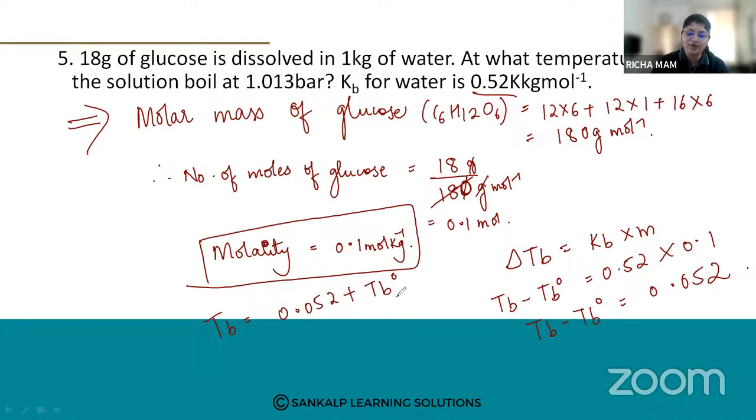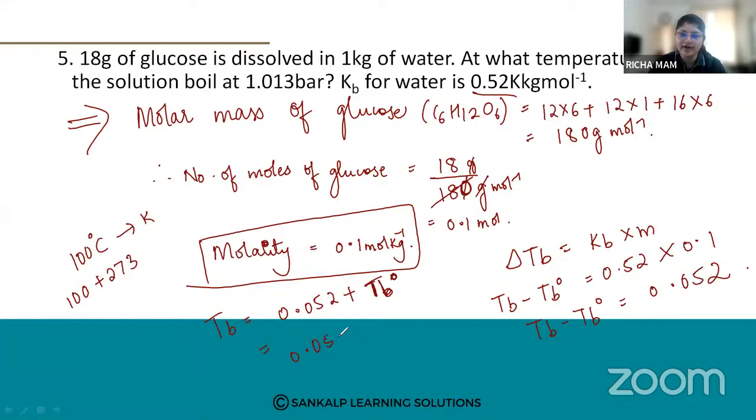Tb naught is the boiling point of pure water. What is the boiling point of water? It is 100 degrees Celsius. When you convert 100 degrees Celsius into Kelvin, it will be 100 plus 273.15.